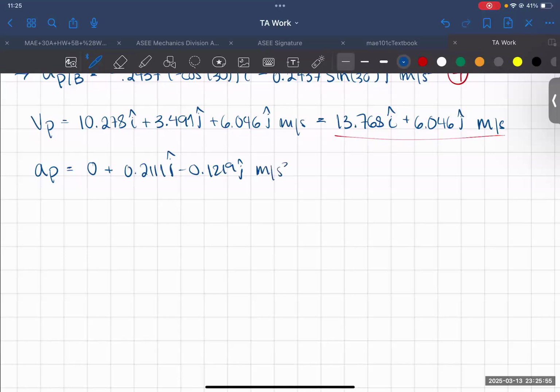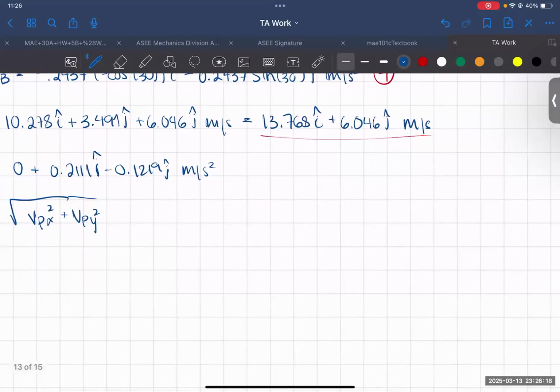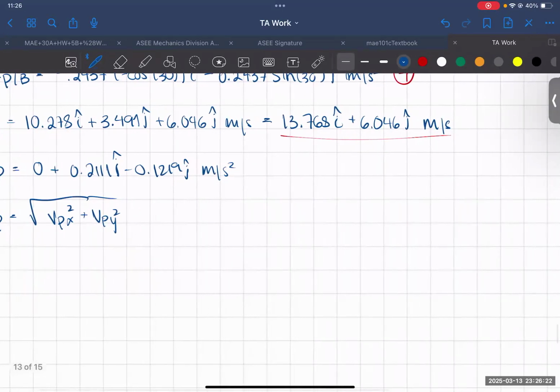If we want to get the velocity of the parasailor as well as the angle, we have the I and J components. We take the magnitude of these. So the magnitude equals the square root of BPX squared plus BPY squared. So these two values, 13.7 squared and 6.046 squared.